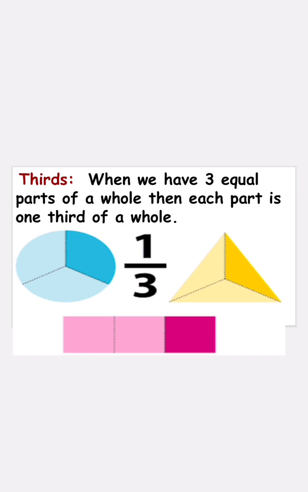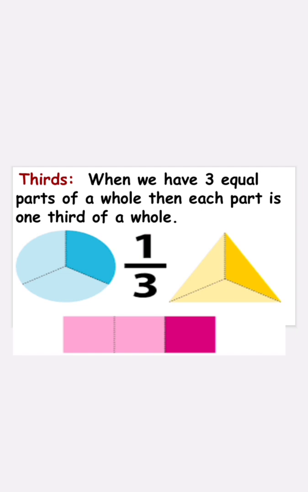Thirds. When we have three equal parts of a whole, then what is that called? A single part. Each part is known as 1/3. Why 1/3? Out of 3, we are talking about one part. Here in the example, you can see we have circle, triangle and rectangle. And out of those 3 parts, one part is colored dark.